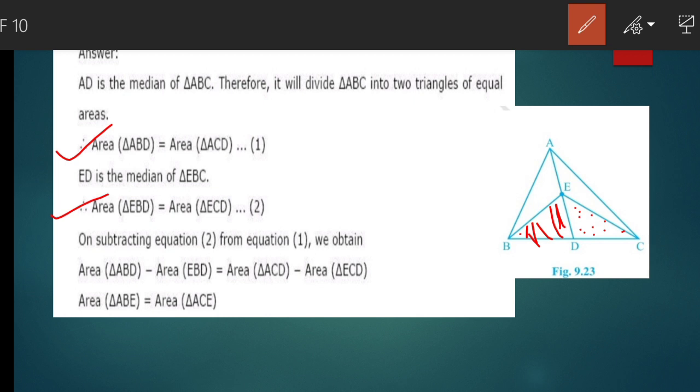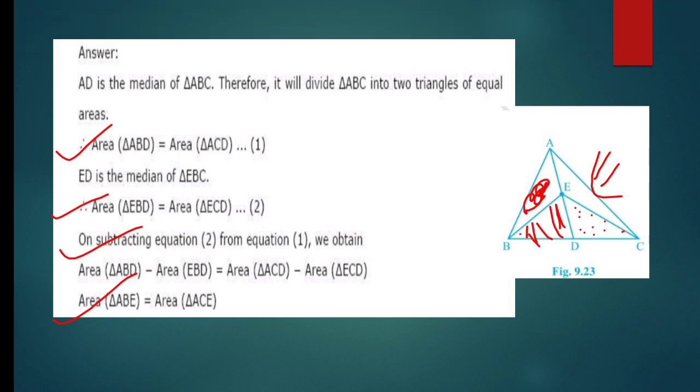So on subtracting equation 2 from equation 1, we obtain area ABD minus area EBD is equal to area ACD minus area ECD, which will be left with this part and this part, that is area ABE is equal to area ACE. Hence our sum is proved. This is what was required to prove, so it is proved.